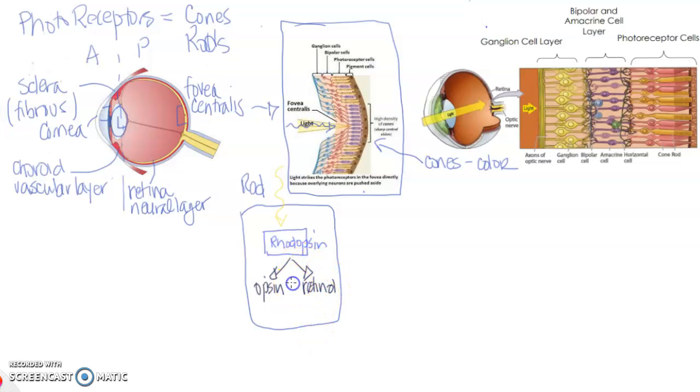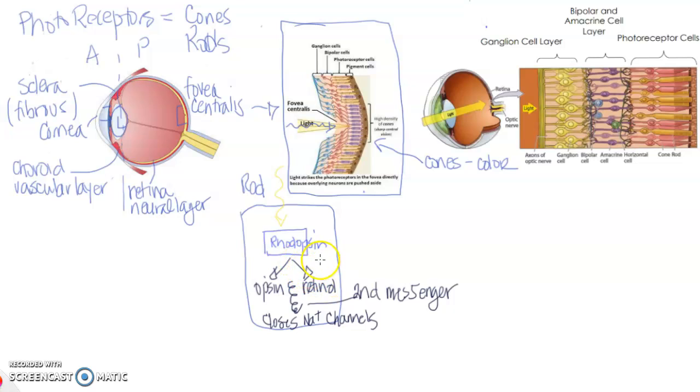Once that occurs, that creates a second messenger system. And the second messenger comes down here and it actually closes sodium gates. Doesn't open them, it closes them.